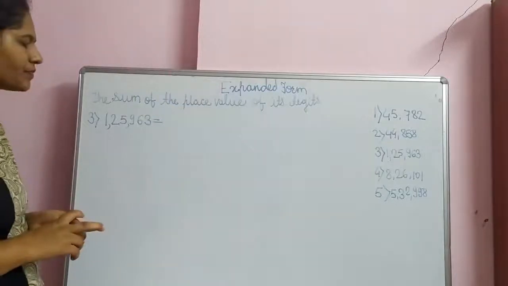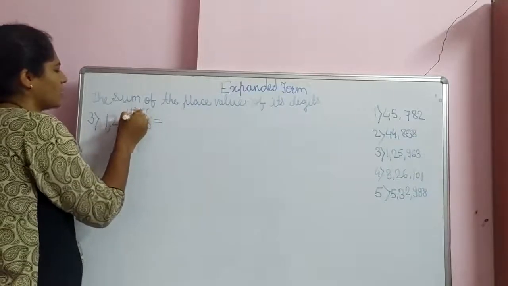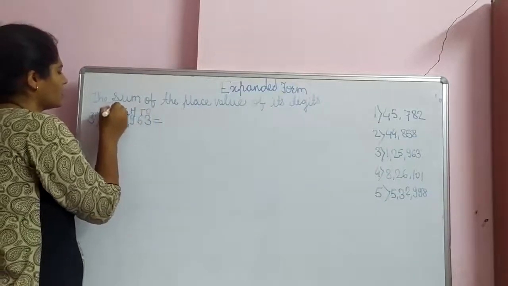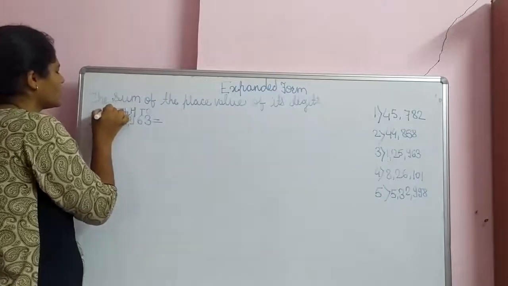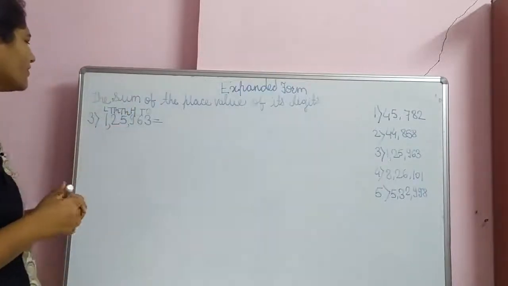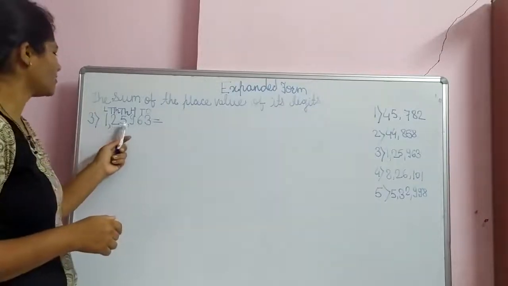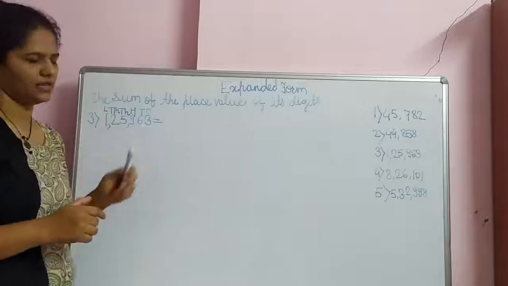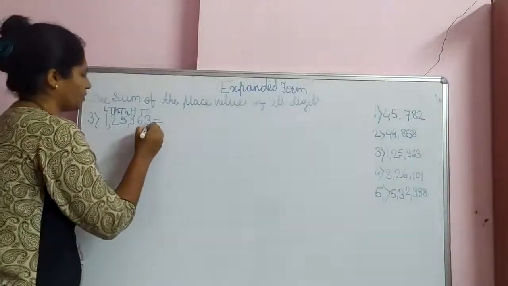So what is this number? To read this number, firstly give places. Ones, tens, 100, 1,000, 10,000 and this is the lakh. So now easily we can read this number. What is this number? 1,25,963. So we write the place value of each number.